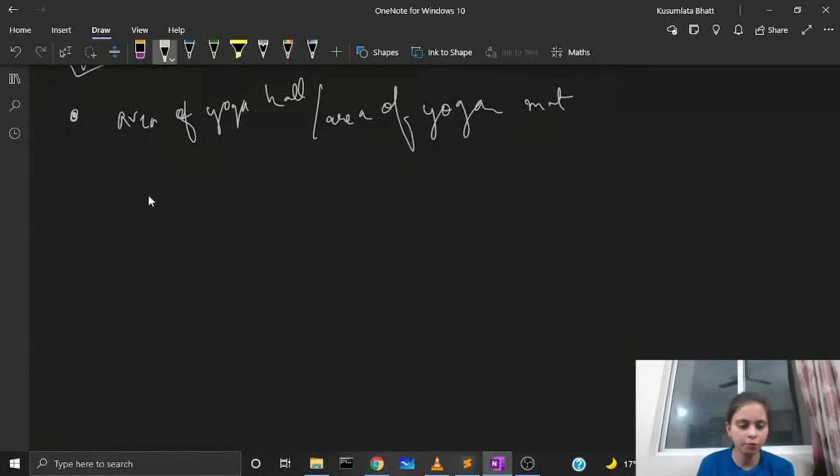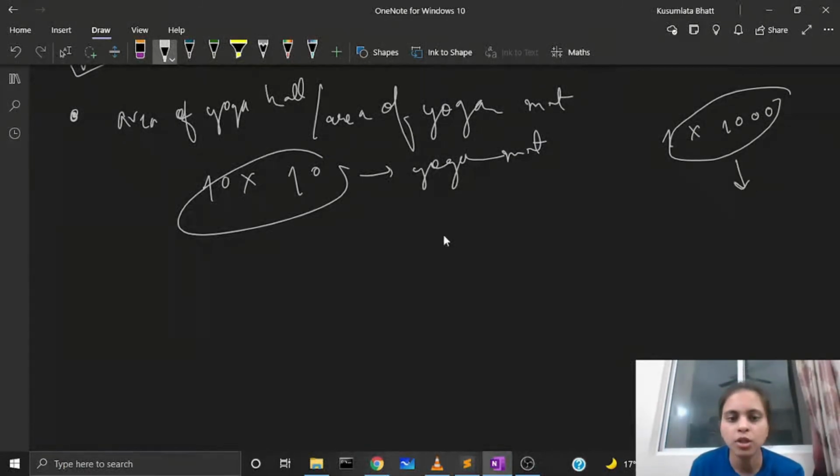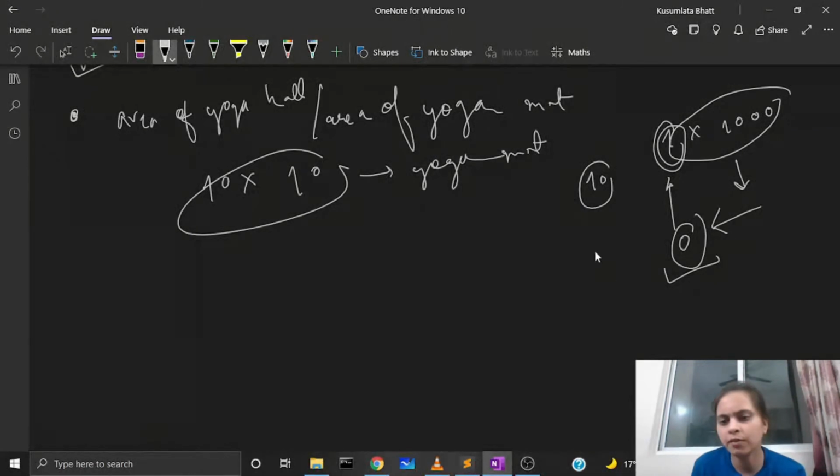We can check it from the case when we have a yoga mat of 10 cross 10 dimension and a yoga hall of 1 into 1000 dimension. In this case our answer given by this formula will be 10, while we cannot put any yoga mat here, because on the breadth side we have 0 as the answer on dividing by breadth. That is, while looking at the breadth we can see that no yoga mat will fit on this side, either by length or breadth.